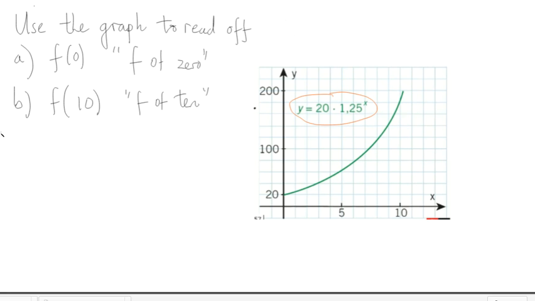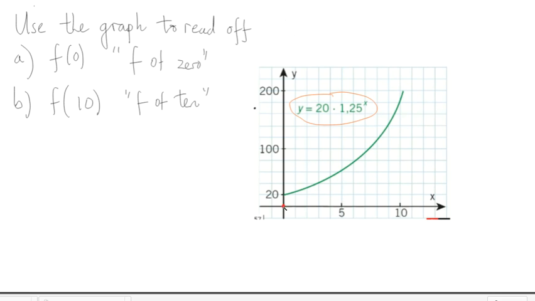So what we have to do is remember the number in the brackets is the x value. So when x is 0, we're actually here on the y-axis.